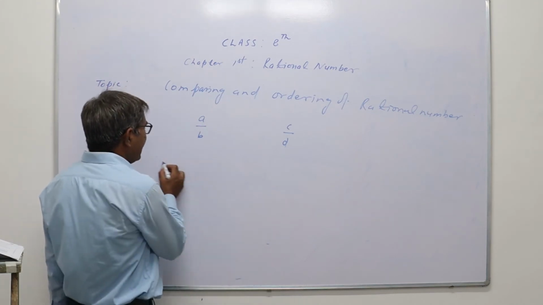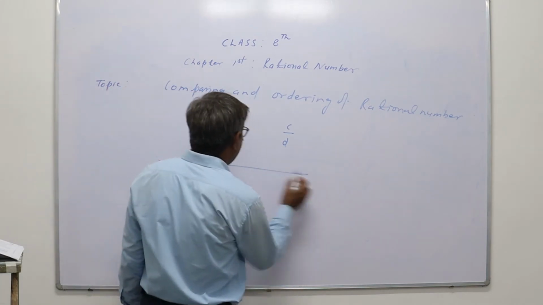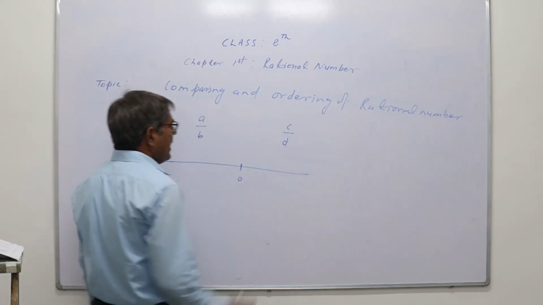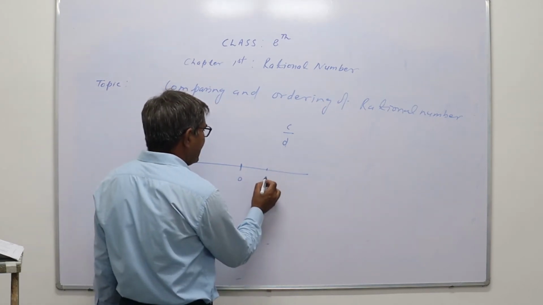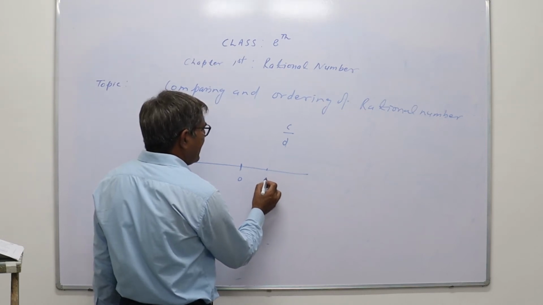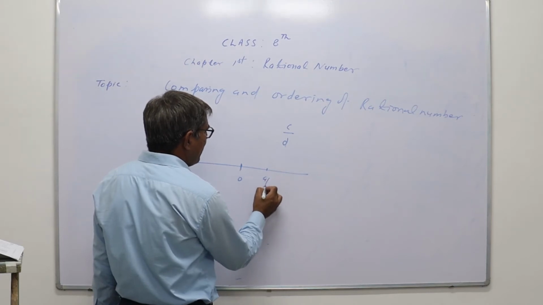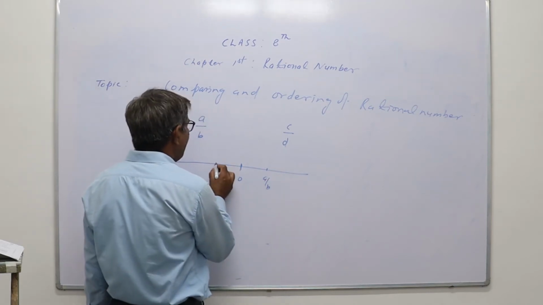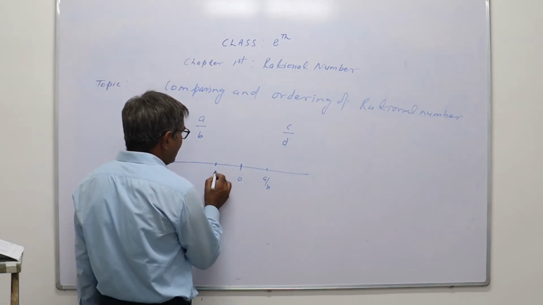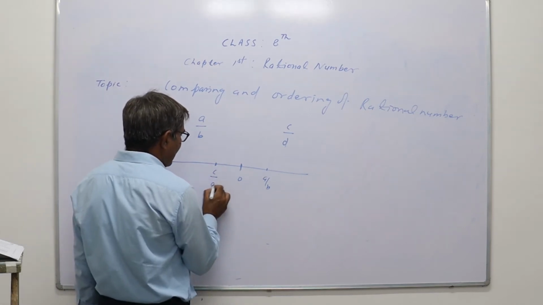Now on the given number line, if this is 0 and a upon b lies on the right side of 0, that is here a upon b, and if c upon d lies to the left of 0, that is here c upon d.